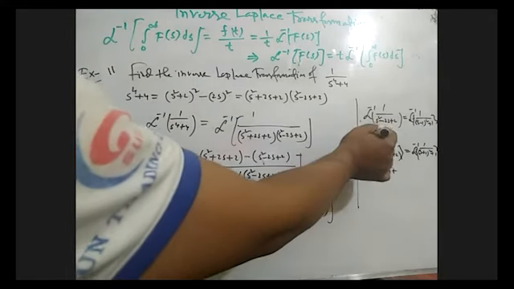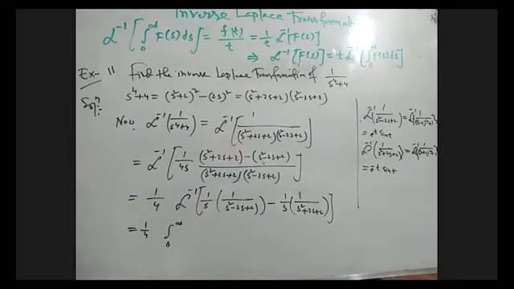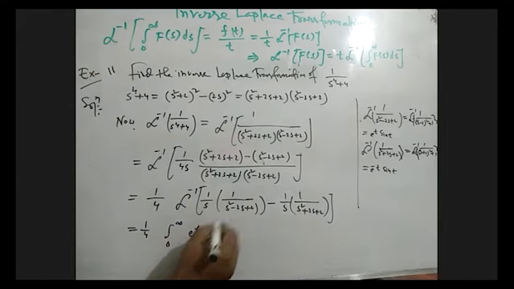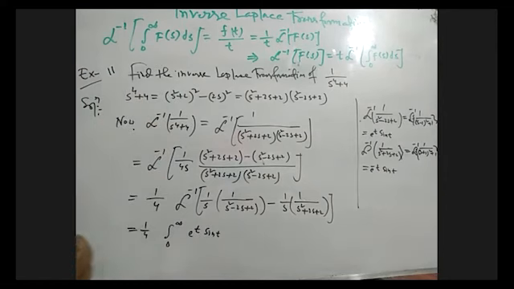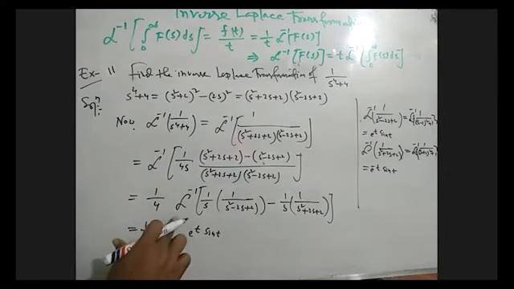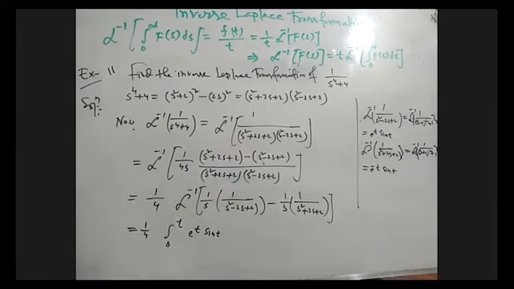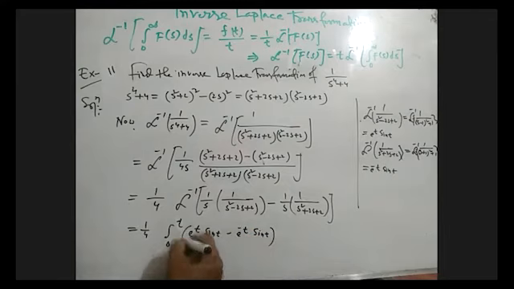F of s means what? We get e to the power t sin t minus e to the power minus t sin t, integrated from 0 to t with respect to t, times 1/4.